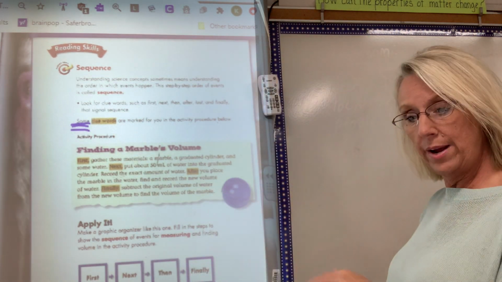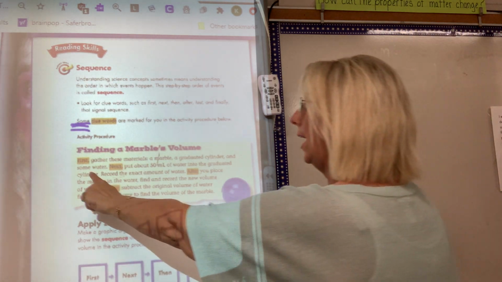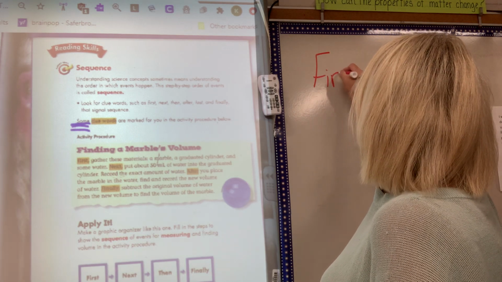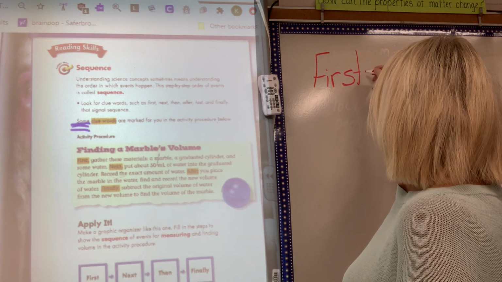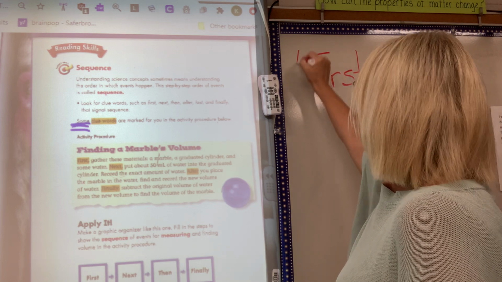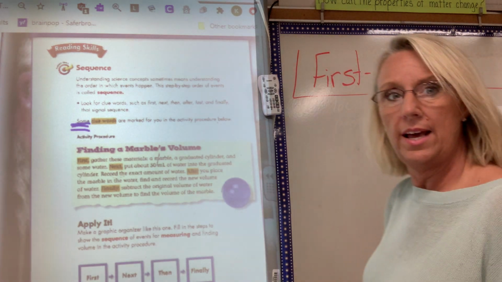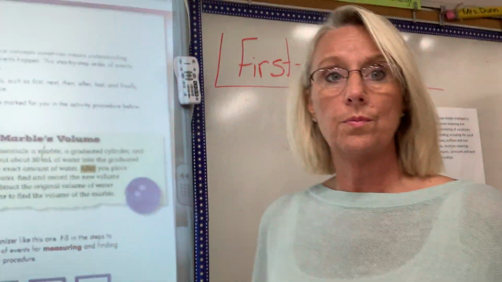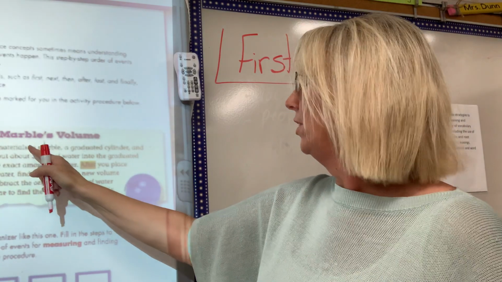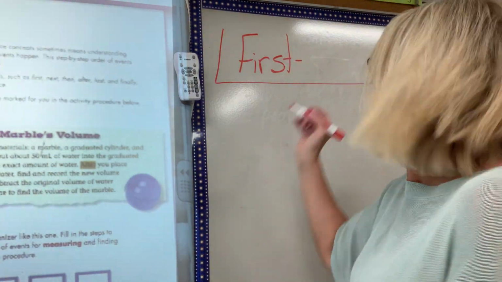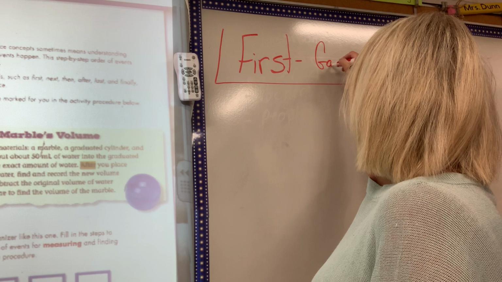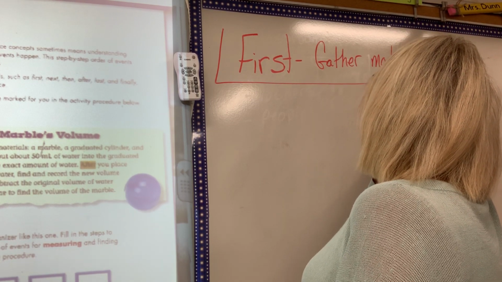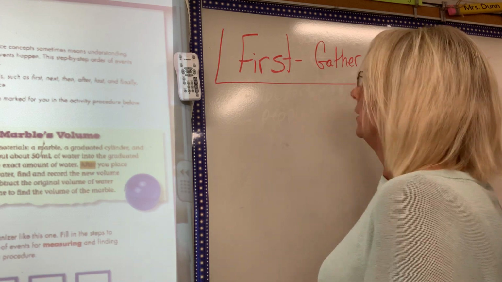So when I read through here, my first sequencing word is highlighted, and it says first. And the first thing that it tells me that I need to do is gather materials. So I'm going to gather materials.